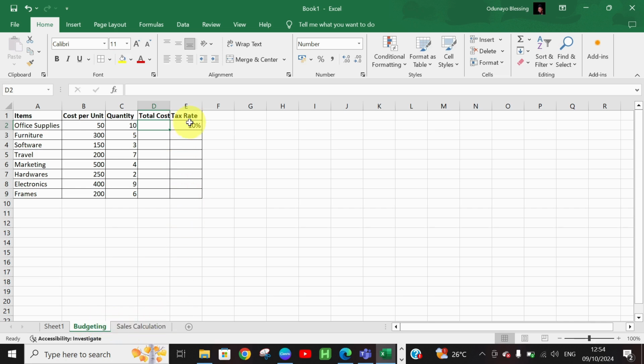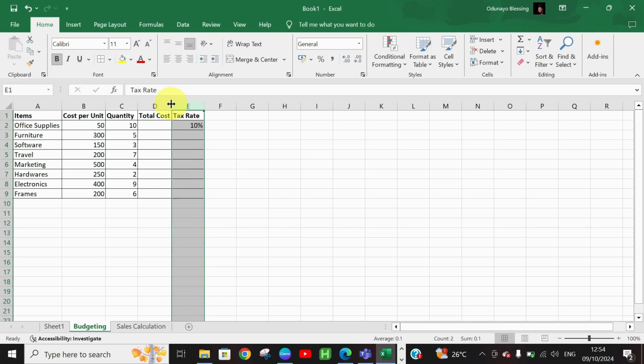We already have a constant value. Assuming the person went to the market, bought each of these goods at this cost price, the quantity bought for each of them is this, and the person pays a tax of 10% on each of them.